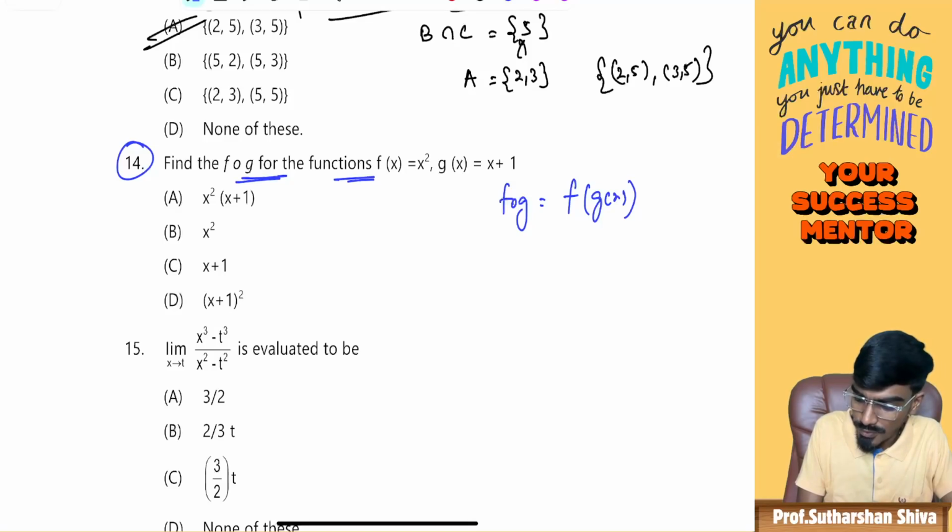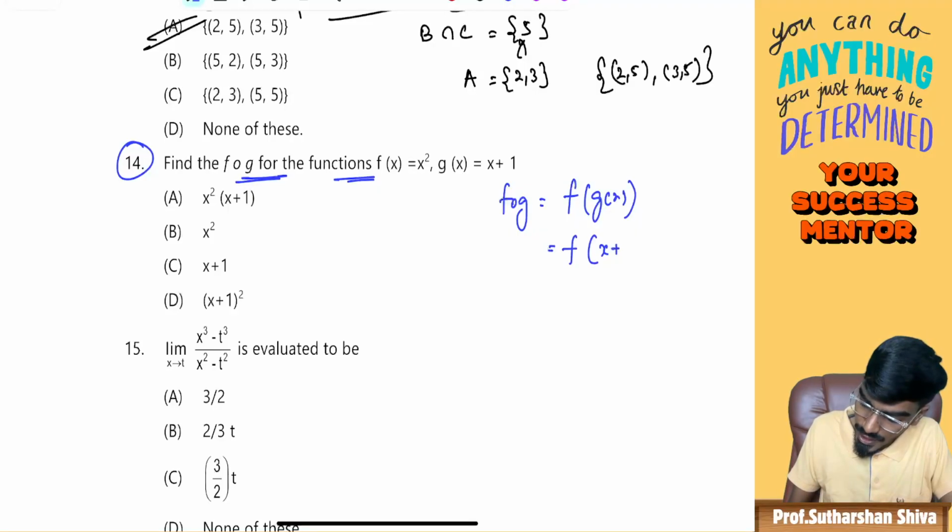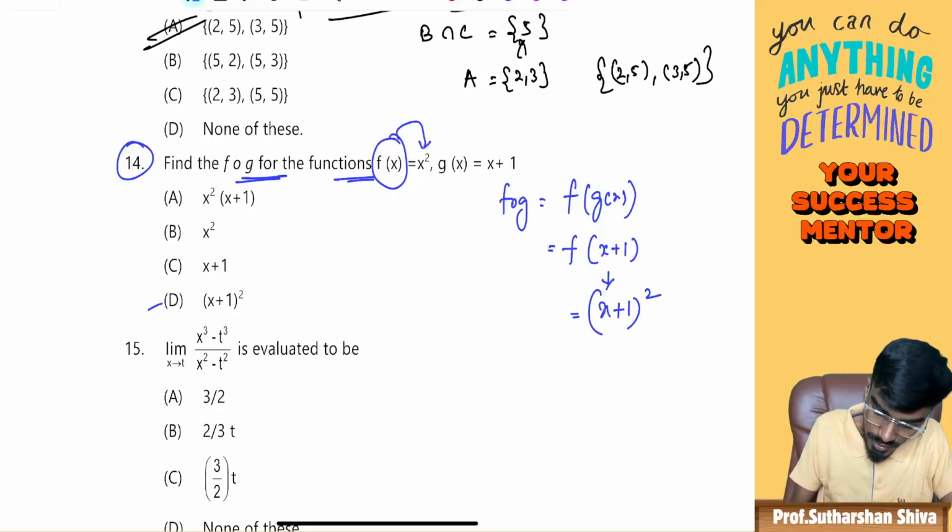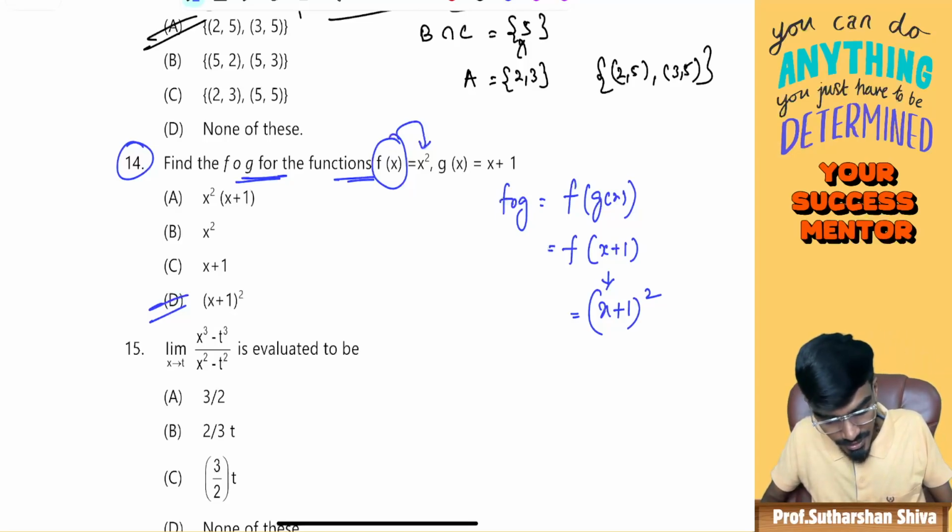So how can I write this? f of g of x, I should write f of x plus 1. They said f of x is nothing but x square, so it is x plus 1 the whole square. My answer is option D.